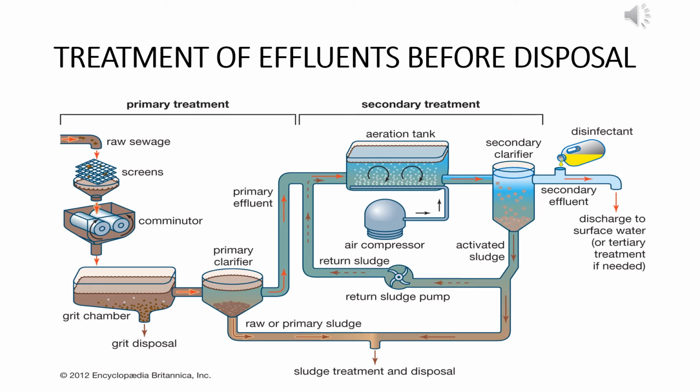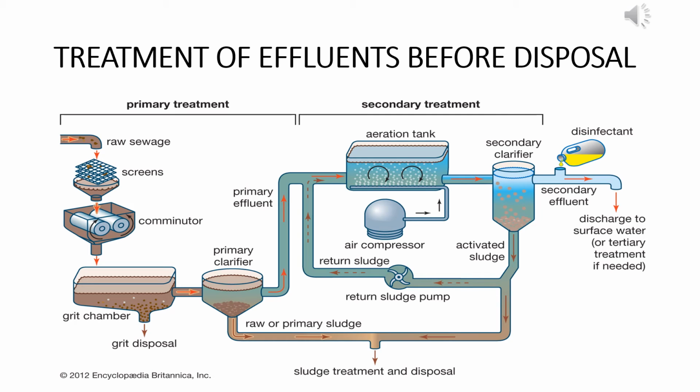The secondary clarifier is also a chamber where the effluent remains stationary for a lot of time, so that the sludge, called the activated sludge, is deposited at the bottom, and then the sludge is removed and the secondary effluent is sent to the tertiary treatment if it is at all needed.